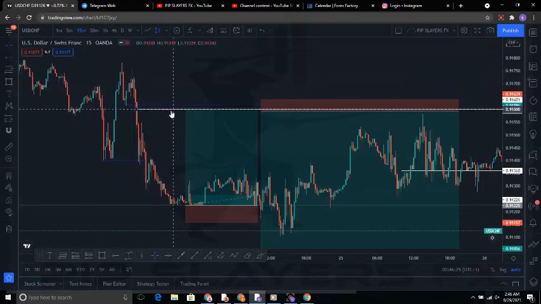After the breaking market structure, I anticipated a retest, which retail traders would call it, into this structure right here. Now we have a fair value gap, and so annotate that.